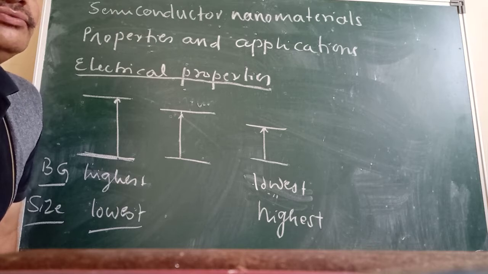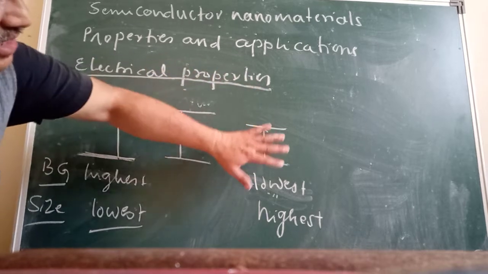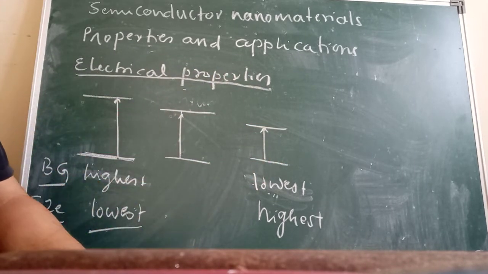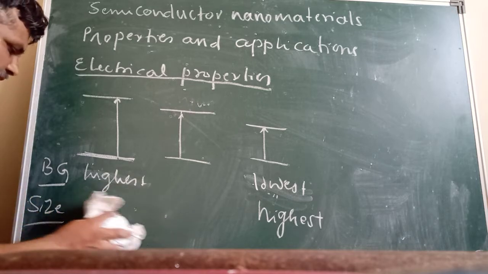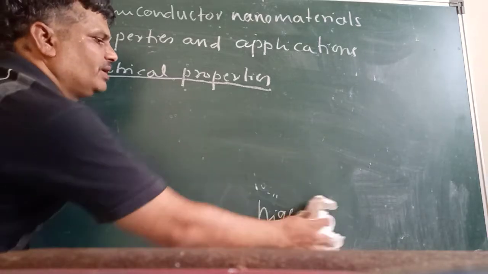When we dope some of the material, the electrical property of the semiconductor will vary. So that gives different novel electrical properties.